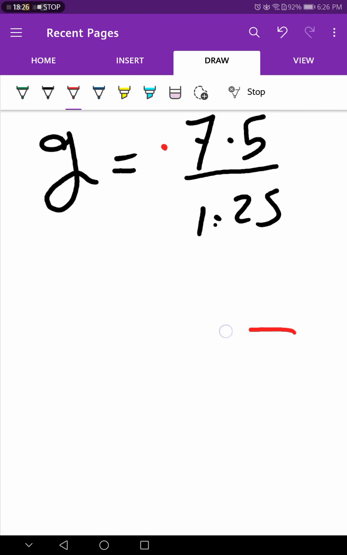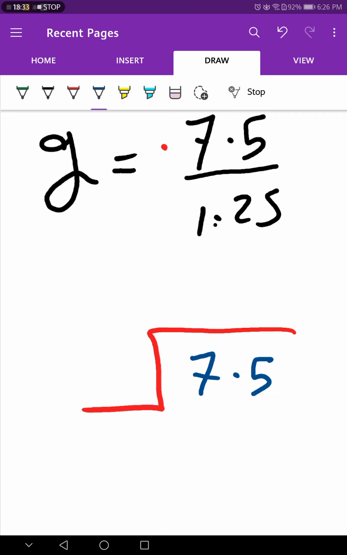Now we have a problem here. It is division with decimal. The divisor cannot hold the decimal point, so I move it two steps, 1, 2.